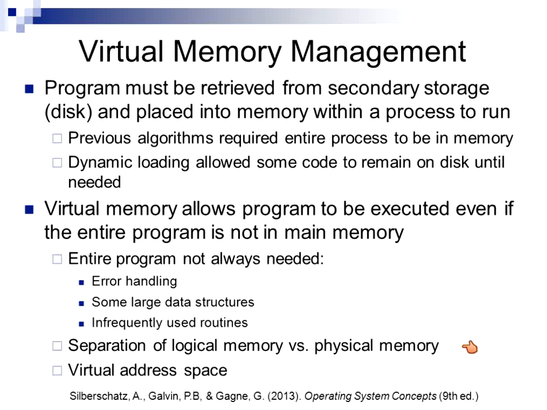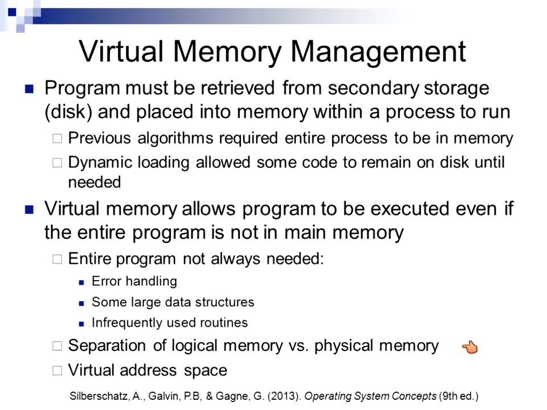What we want to do is separate how we think about our logical memory from our physical memory by allowing not everything in the logical memory to be mapped to physical memory at the same time. Some of it's going to be swapped in and out. So only part of the program needs to be in memory for execution. The logical address space is going to be bigger than the physical address space.